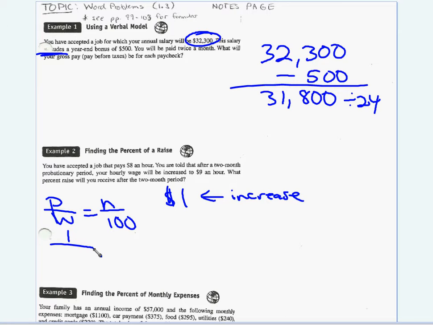The whole, we are finding the percent increase on what I used to get, so my whole is going to be 8. And then everything else is set up for us. Okay? So then we would cross multiply and divide to find my percent. All right?